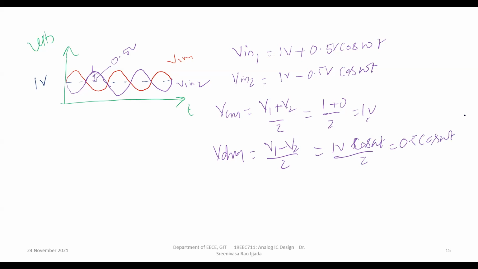So in the signal, what is the VCM value and what is the DM value? For V1 minus V2, this becomes plus 0.5 plus 0.5 is 1 cos omega t, and 1 V cos omega t by 2 is 0.5.